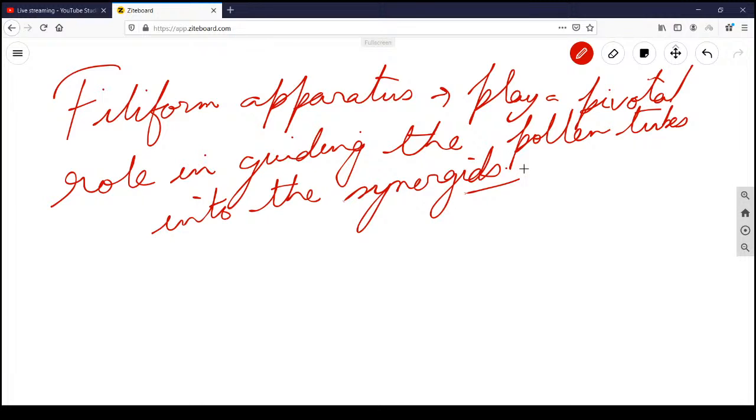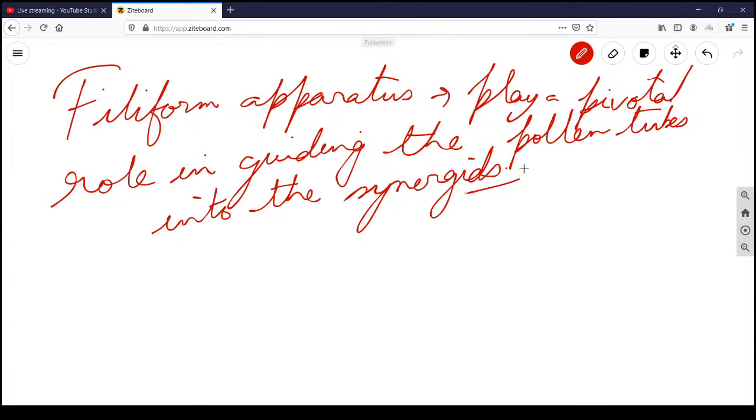Now the egg cell, upon fertilization, gives rise to the zygote, while the synergids get disorganized very soon after the event of fertilization.